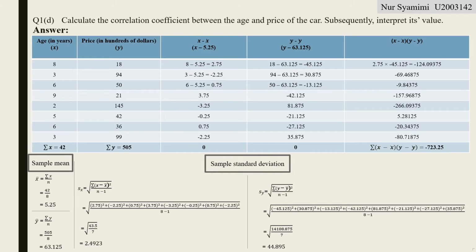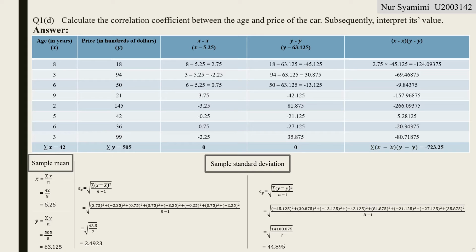Next, for column 4, y minus y bar. Y bar stands for sample mean, and we use the sample mean formula to calculate the y bar. Y bar equals the sum of y divided by n, and after we calculate it, we get 63.125.